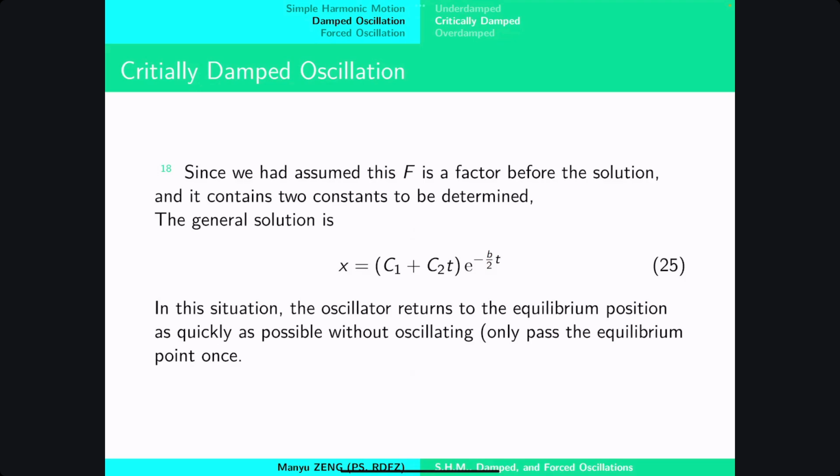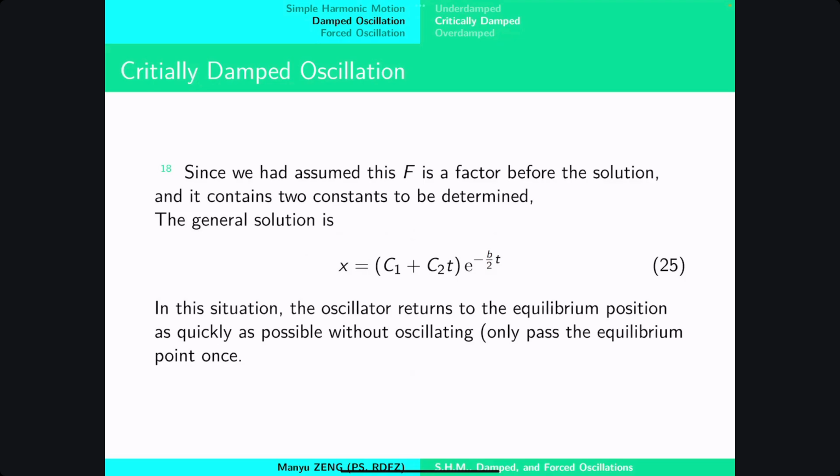So actually, the first factor c1 plus c2 t is increasing, and it can be increasing very fast, but e to the power of negative b over 2 t is decaying exponentially.